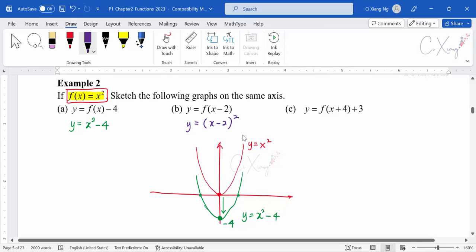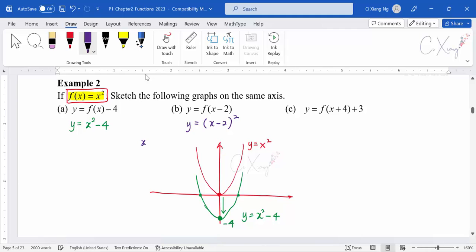For horizontal translation, you need to decide whether it is going to the left or to the right. Like I mentioned earlier, when I'm having x minus 2 inside the basic function, you assume that it equals 0. That means you are going to move the graph in the x direction by 2 units, to the right hand side for 2 units.